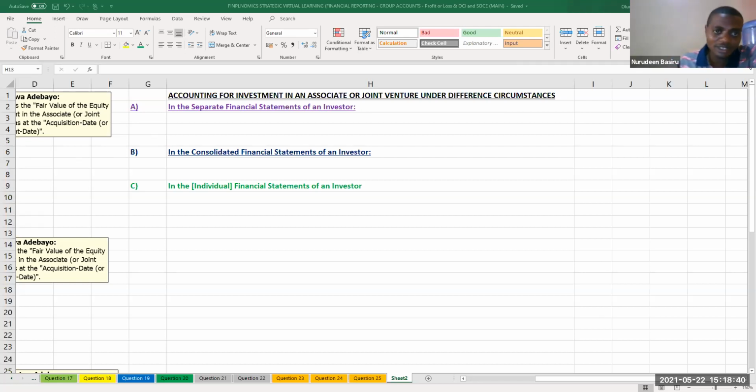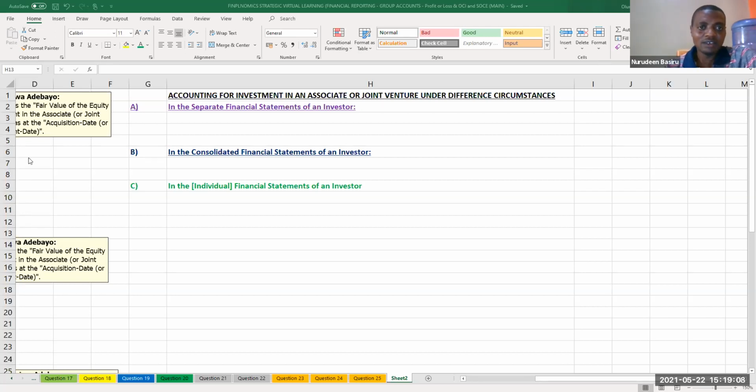Let me try. For the separate financial statements of an investor, I think it is presentation of financial statements for both parent and subsidiary side by side as if the acquisition has not taken place.